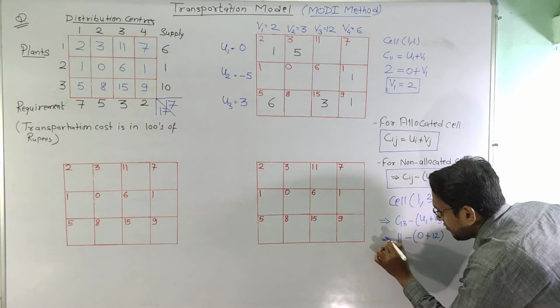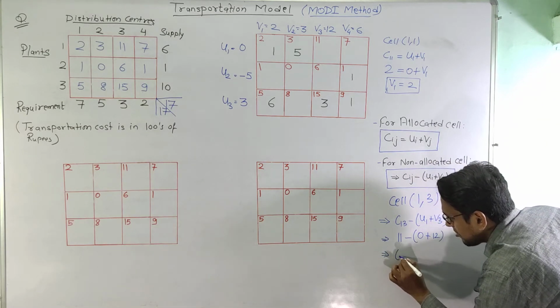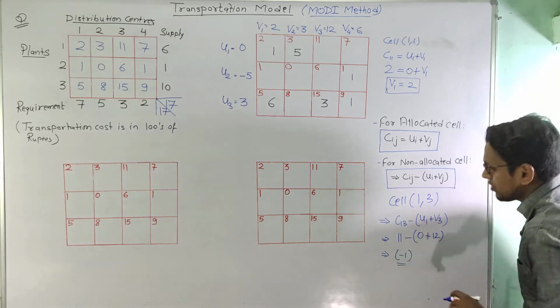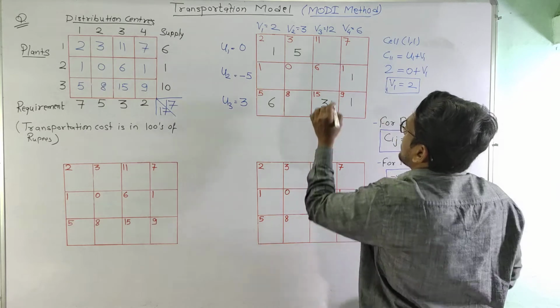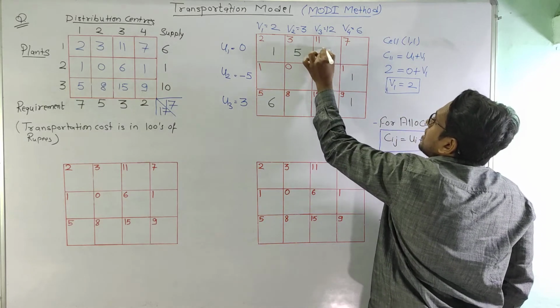Here we get the value minus 1, so we put minus 1 in this cell.